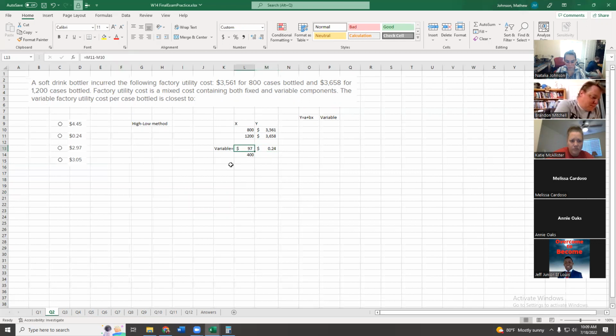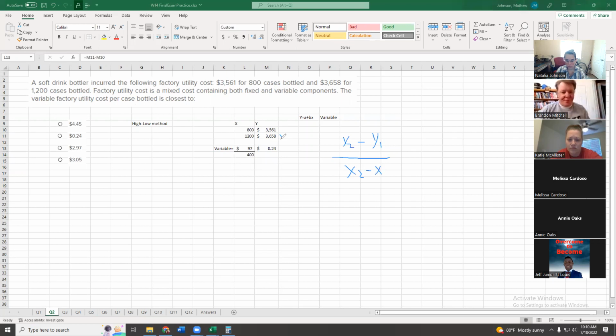For the number 97, how did you calculate that? Remember, it is Y2 minus Y1 divided by X2 minus X1. So we're just subtracting these two to get 97, and then we subtract these two to get the 400.